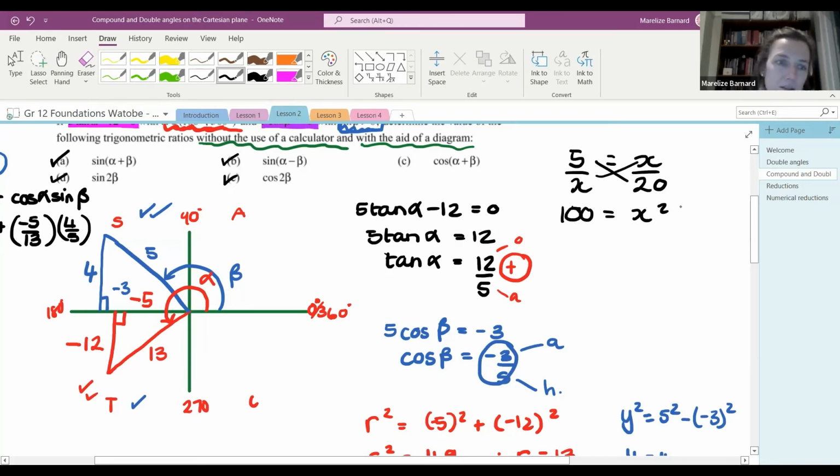We can cross multiply. But if we have 5 over 10 times 10 over 2, for instance, we don't cross multiply, but we can cross cancel. So the 10 can divide into the other 10.